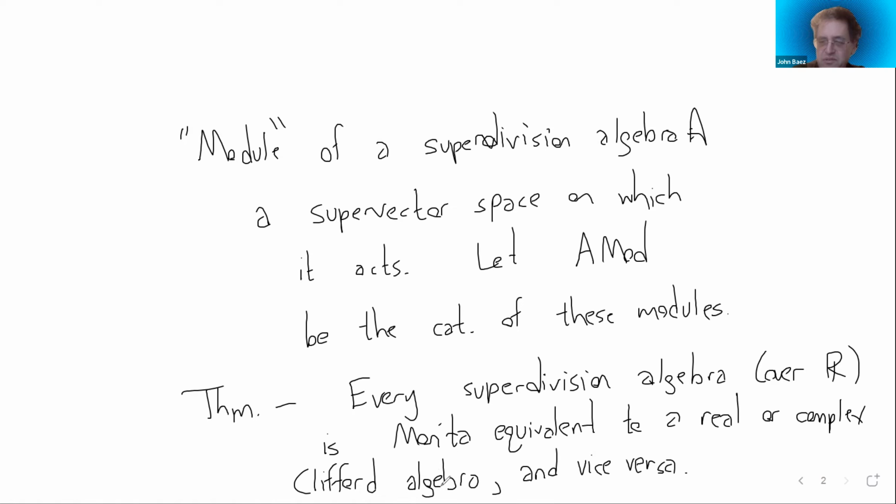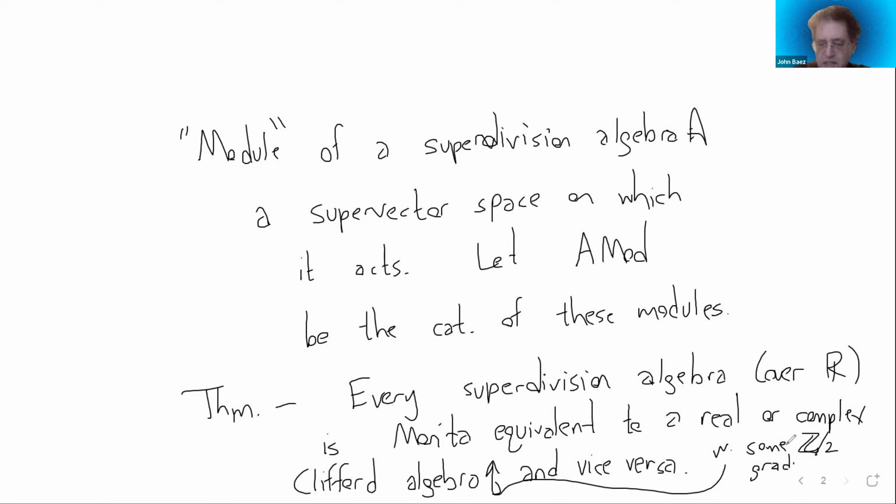I guess they're Z mod 2 filtered in a very natural way, but they're not graded. So it's really important here that I insert this caveat: a real or complex Clifford algebra with some choice of Z mod 2 grading on it.